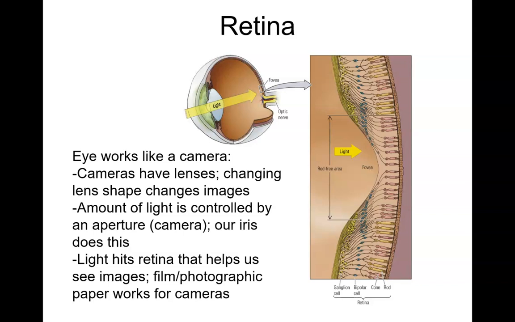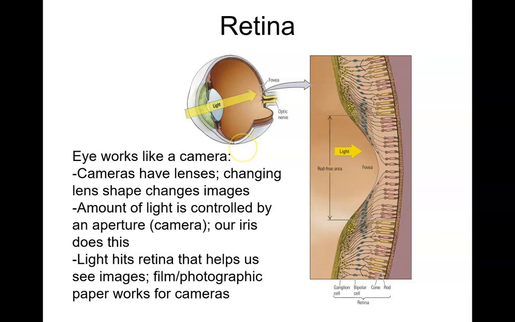Our lens's ability to change its shape, a process known as accommodation, actually gets worse with age. The lens becomes more brittle, and as a result, many people will require glasses to be able to focus up close. So changing the lens shape can change the quality of the images. It can also change our focus.